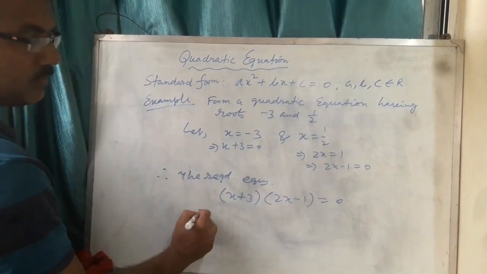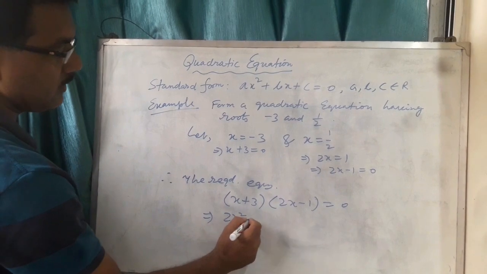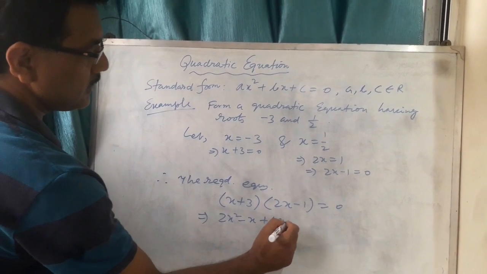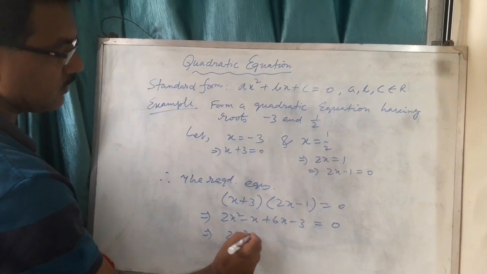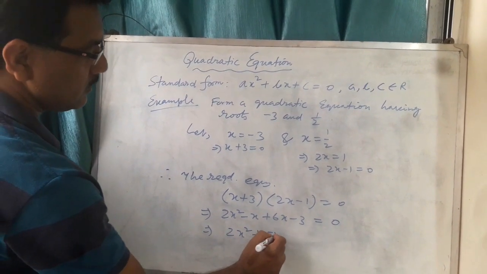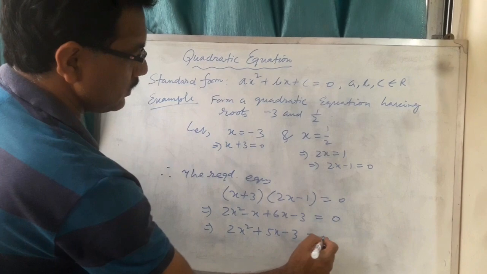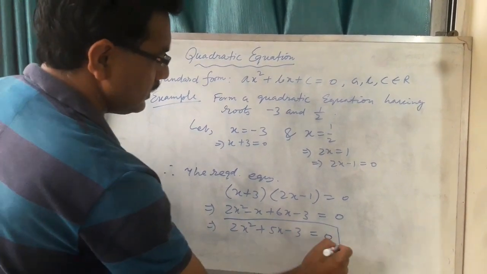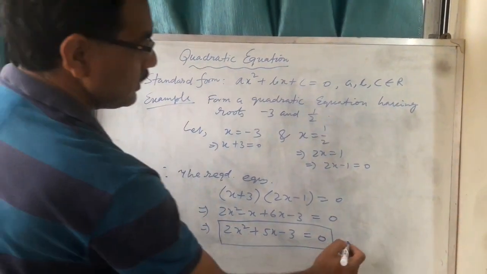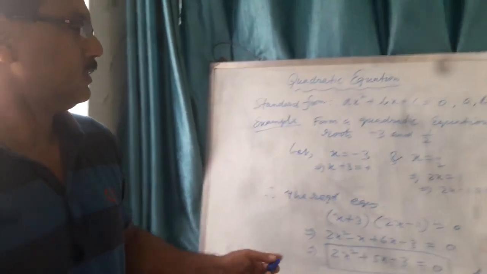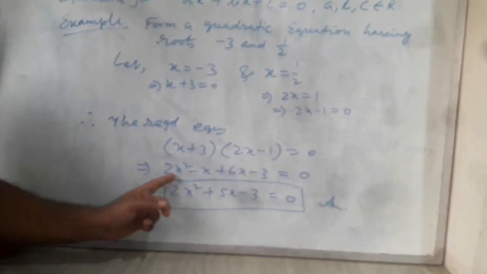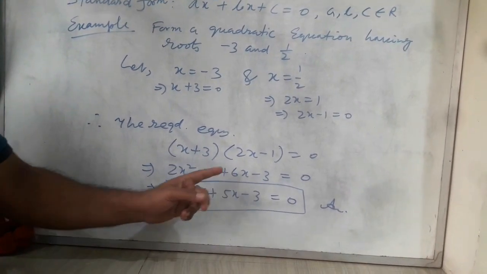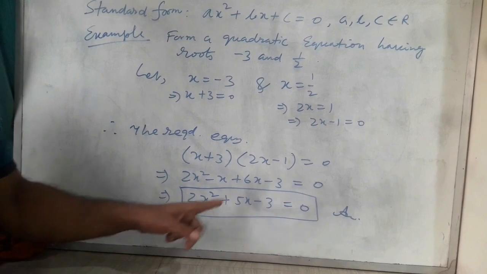Now simply you multiply: 2x square minus x plus 6x minus 3 equals to 0, or 2x square plus 5x minus 3 equals to 0. So this is the required equation. This will be your answer, whose roots are -3 and half.